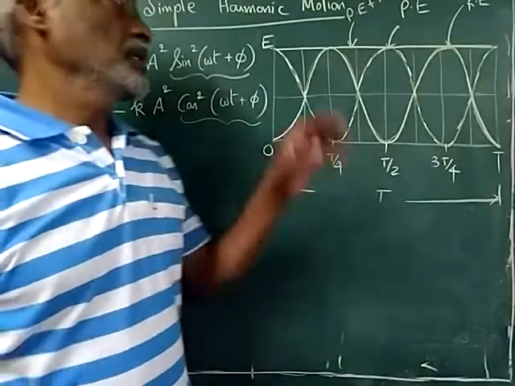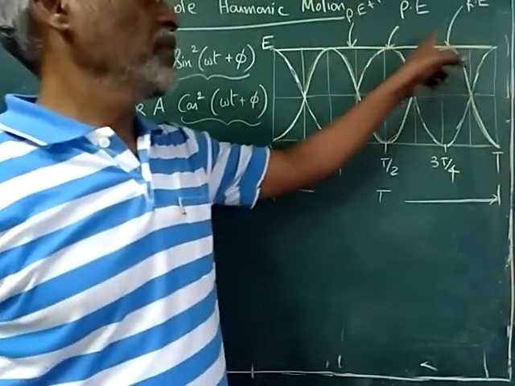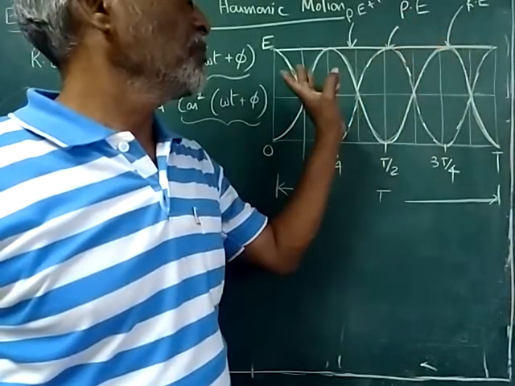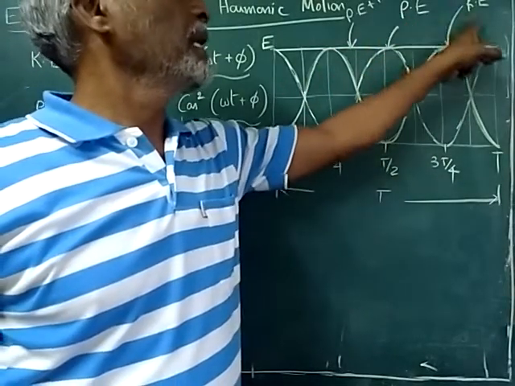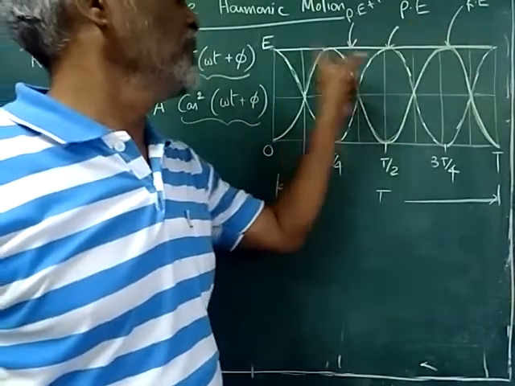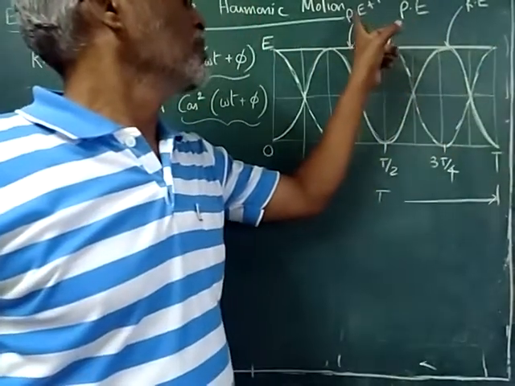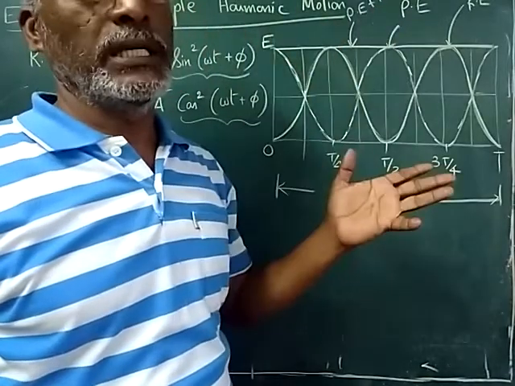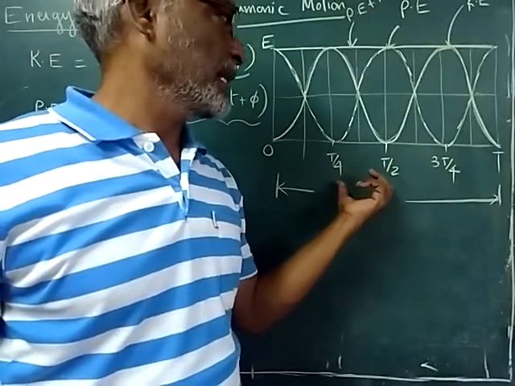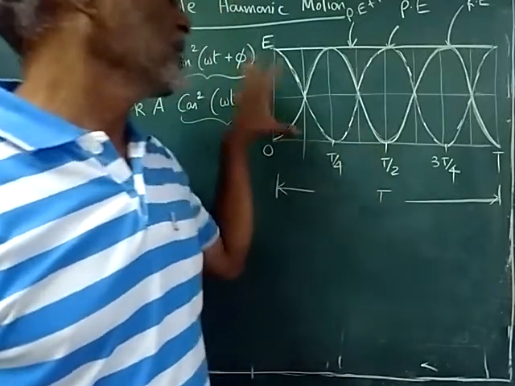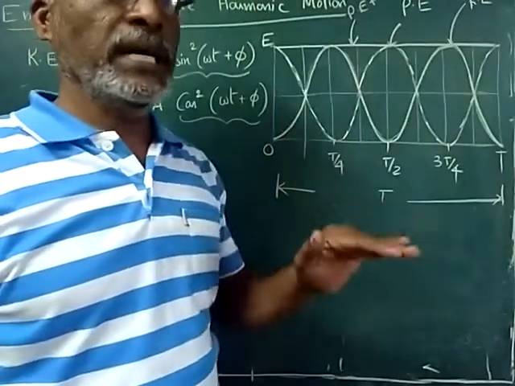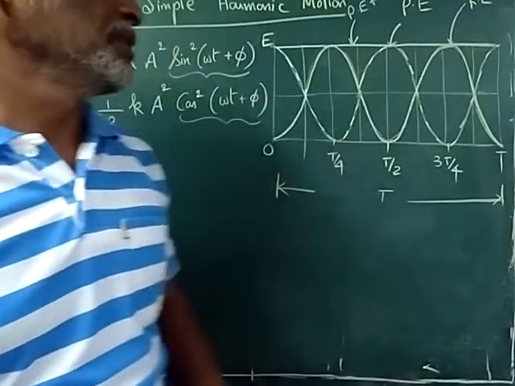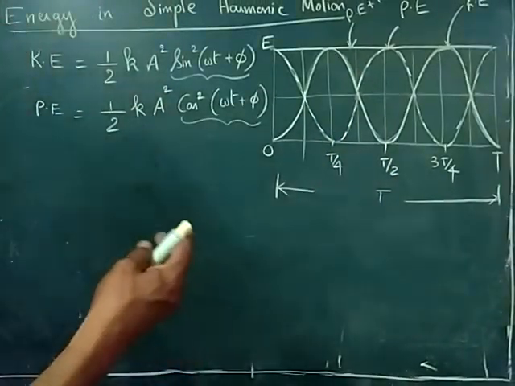So individually we have kinetic energy waveform, potential energy waveform, and when you add kinetic energy and potential energy, it will be a straight line. So this is potential energy plus kinetic energy, which is equal to total energy. Here in the x-axis we have time, y-axis energy. The next graph will be x-axis displacement and y-axis energy. So that graph you will see now.